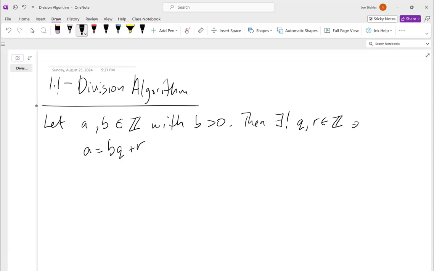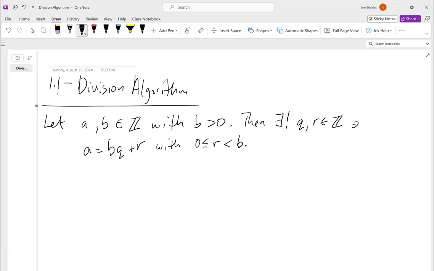The other part we need, to make sure that everything's unique here, is about our remainder. When you do the remainder, of course, we get a non-negative remainder. If the remainder is 0, then B evenly went into A. But the other thing we need to make sure of is that the remainder is not bigger than what you divided by.